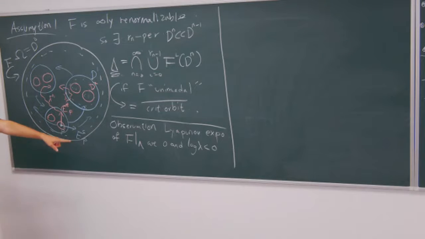Okay. And once you have these, oh, and by the way, at an intuitive level, it's easy to convince yourself that there should be a neutral direction, because on the odometer there's no hyperbolic expansion.